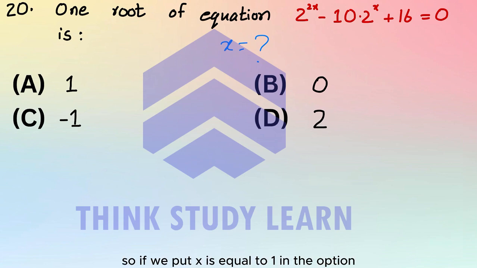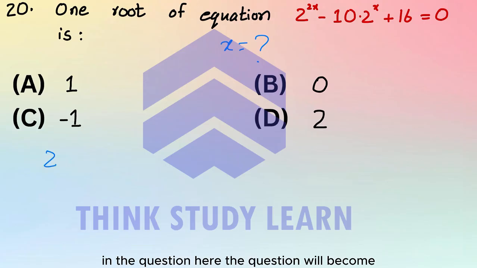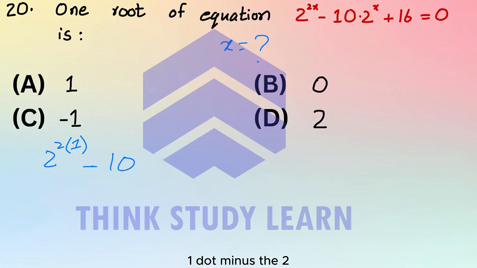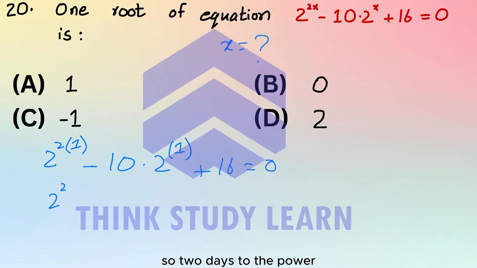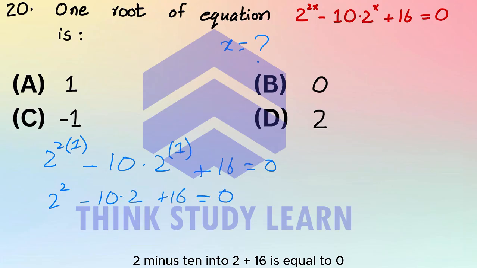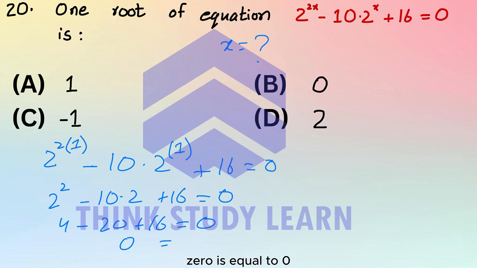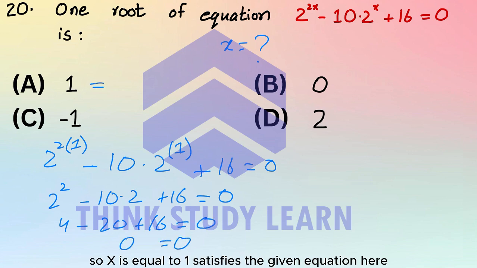If we put x is equal to 1, the equation will become 2 raised to the power 2 minus 10 into 2 plus 16 is equal to 0. So it will become 4 minus 20 plus 16 equal to 0. 0 is equal to 0. So x is equal to 1 satisfies the given equation here.